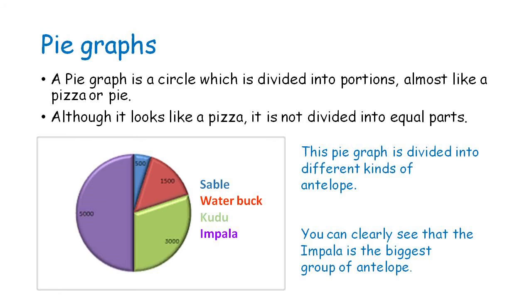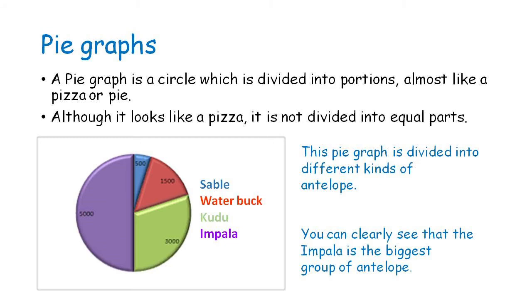So if we look at this pie graph example, it's divided into the different kinds of antelope. The different kinds of antelope that they're looking at are the sable, the waterbuck, the kudu, and the impala. So you will see the sable is in blue because it's the blue piece of the pie graph.